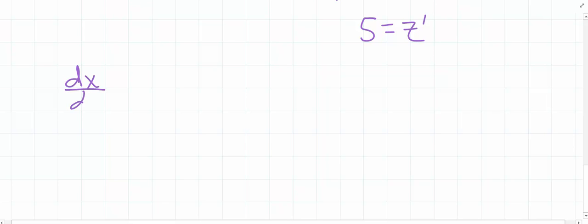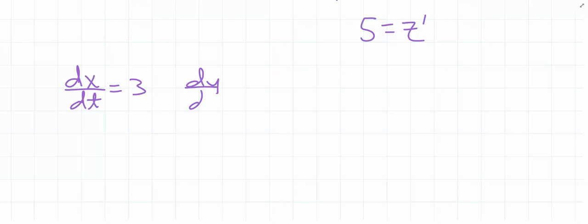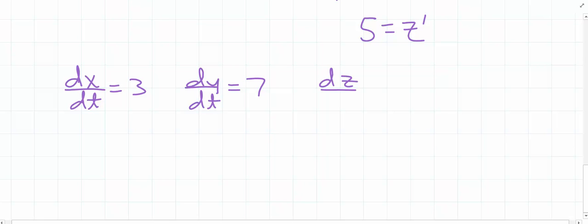I have dx/dt equal to 3, dy/dt equal to 7, and I'll just leave off the units. Now our problem is just a little more complicated, and we want to find dz/dt after, let's say, 3 hours.